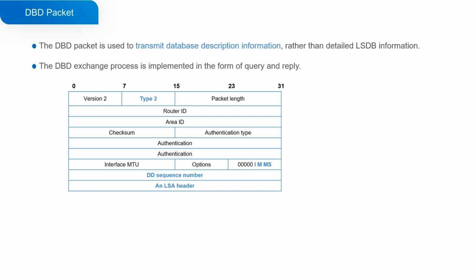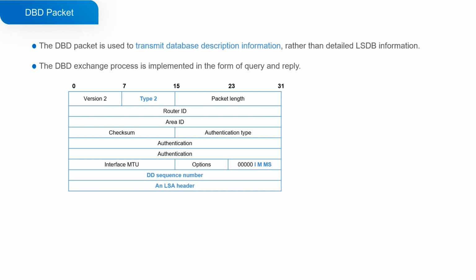The DBD packet includes the LSA header information, but does not include the detailed LSA information, because the detailed LSA information is included in the LSU packet. The LSDB stores the LSAs in the database. So here the DBD is actually the catalog or list of our LSA information.